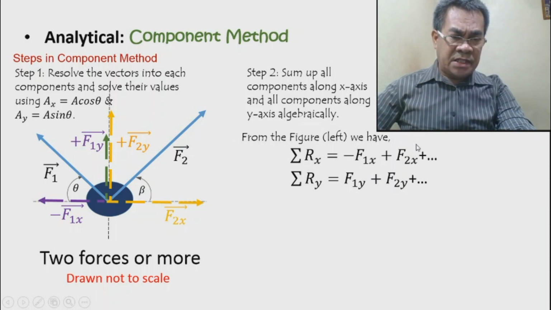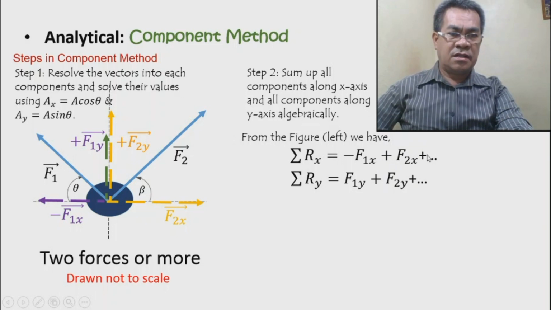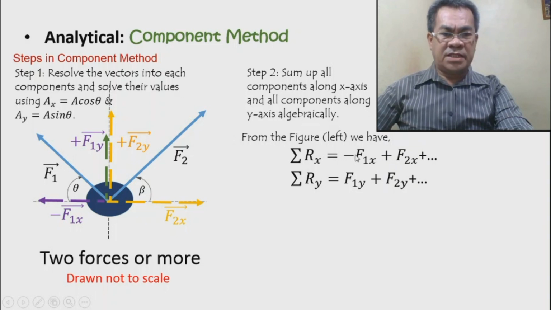If you sum this up algebraically, this can be a positive result depending on the numbers given. Also with Ry, this can be positive or negative, but in this case, we are very sure that this is positive. But in other cases, this can be negative, positive or zero. Now, what's the meaning of positive?